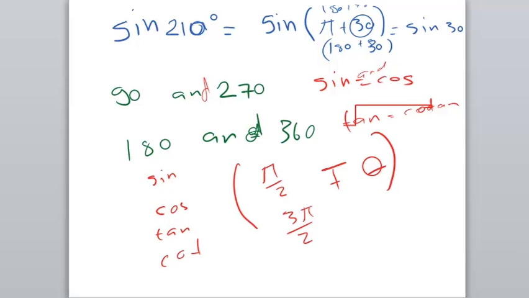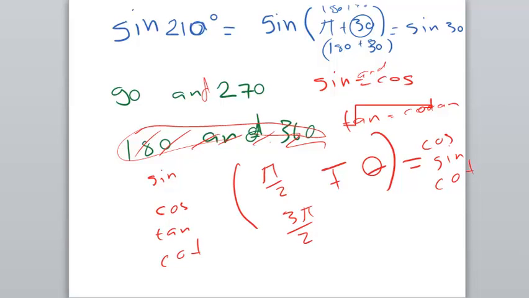Actually, we just cannot use these angles. Remember these: pi divided by 2 or 3 pi divided by 2, positive or negative. An angle is equal to cos, sine, cot, and tan, positive or negative.